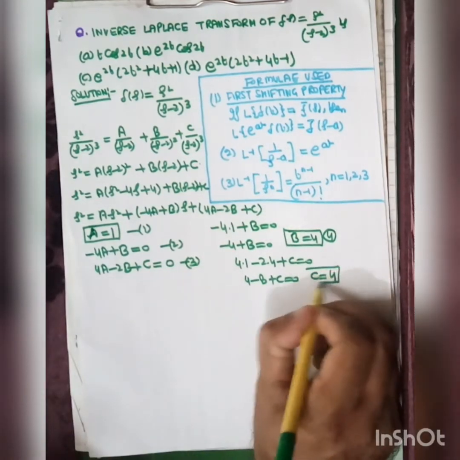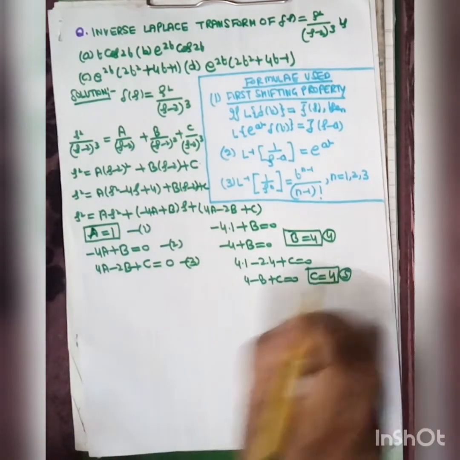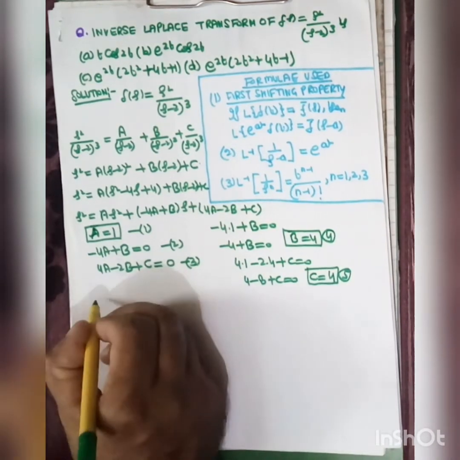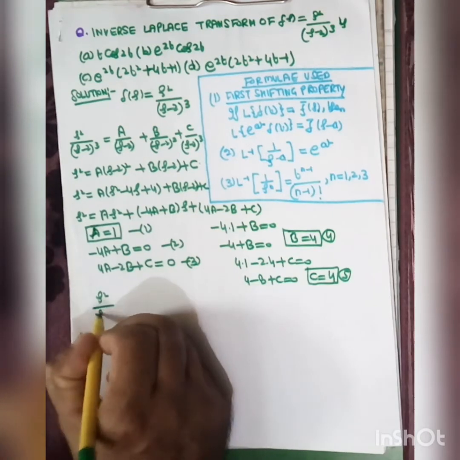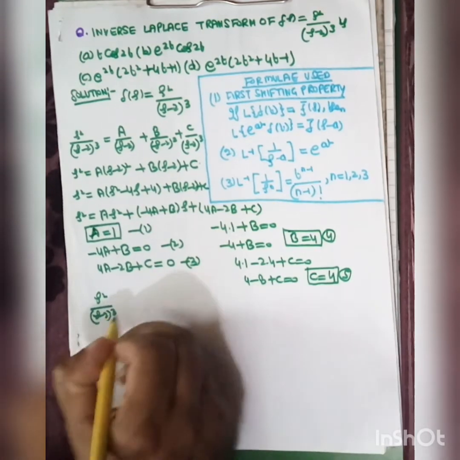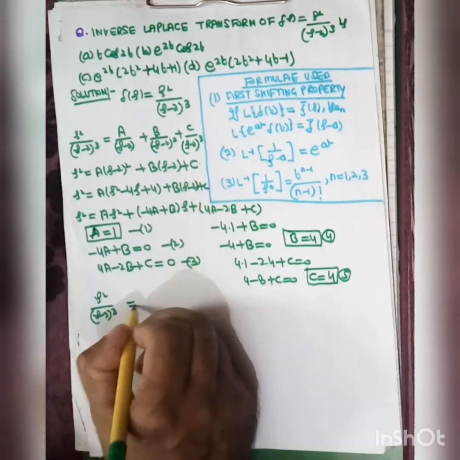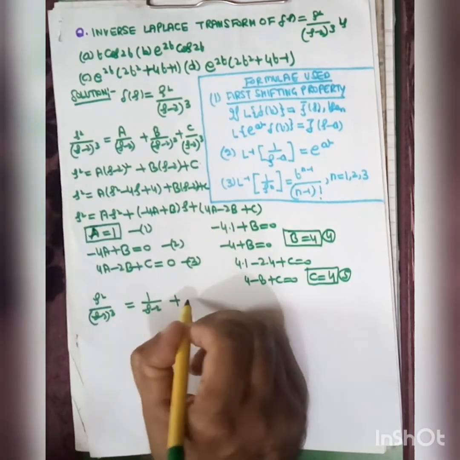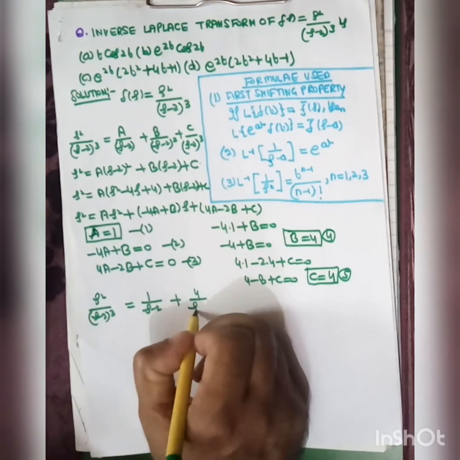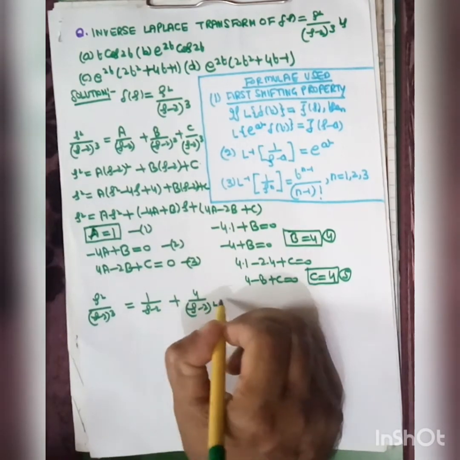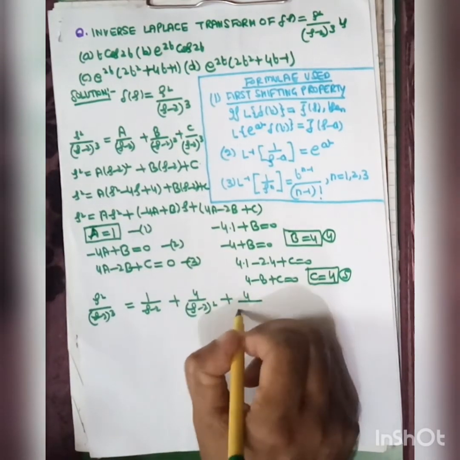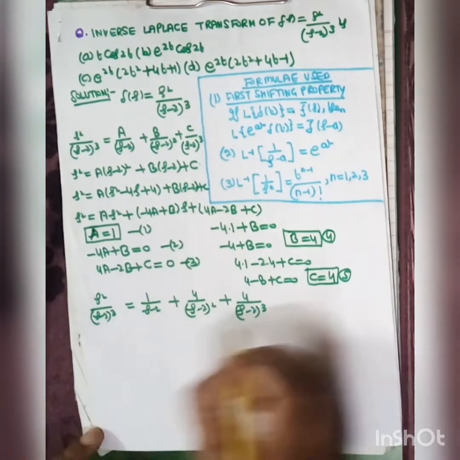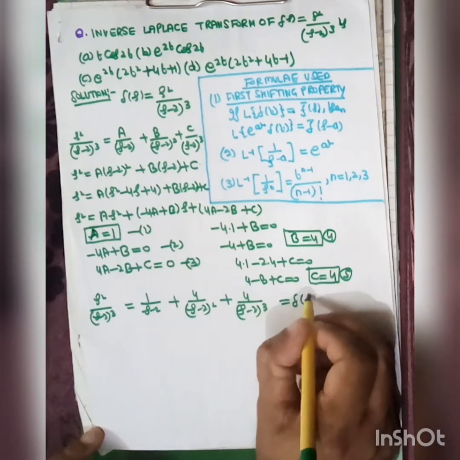So putting the values of A, B and C, we get s square divided by (s minus 2) cubed is equal to 1 upon (s minus 2) plus 4 divided by (s minus 2) square plus 4 divided by (s minus 2) cubed. So function F(s) is equal to function F(s).